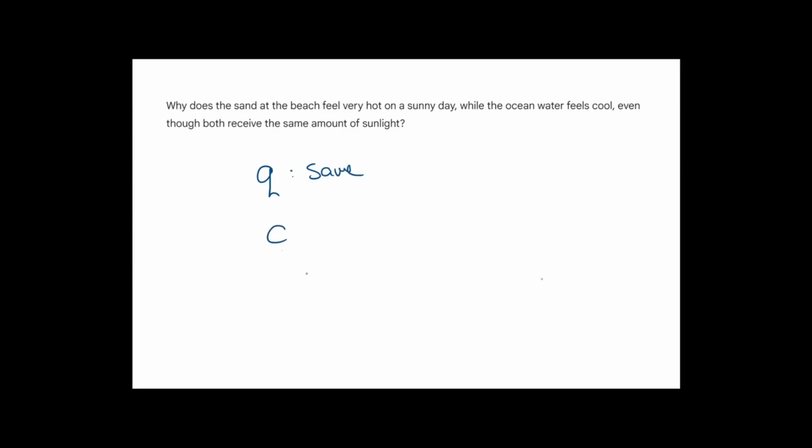Well, the specific heat capacity of water is much, much higher than the specific heat capacity of the sand, which I think is silica based, and there's other stuff in there as well. So for the same Q, the change in temperature of the water is going to be much, much lower.